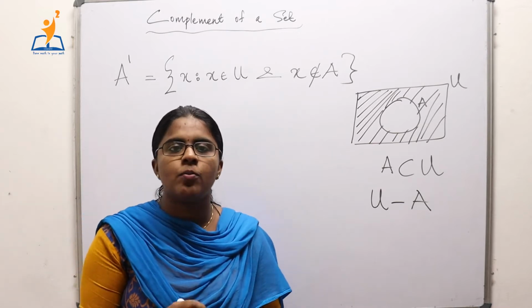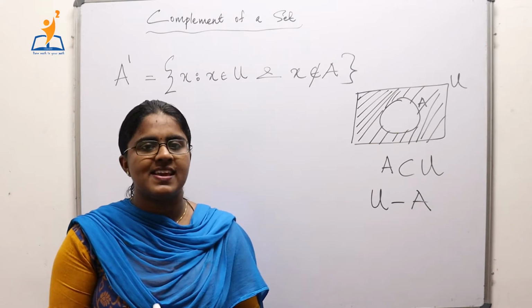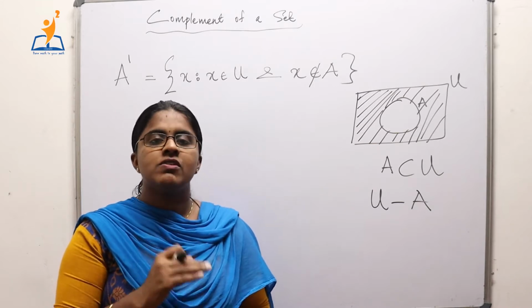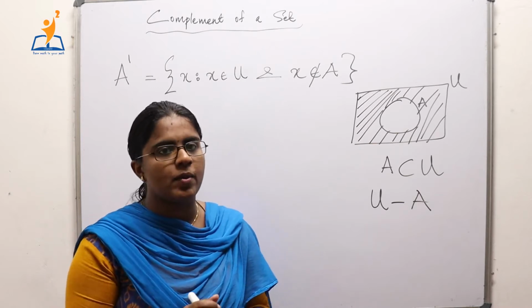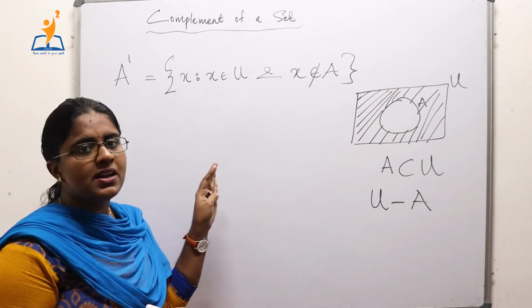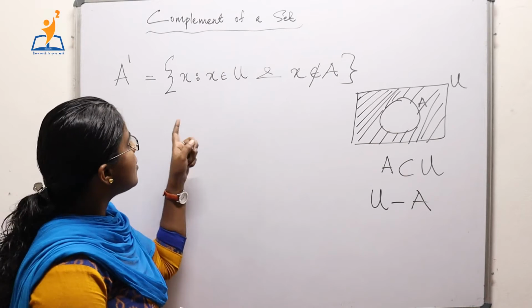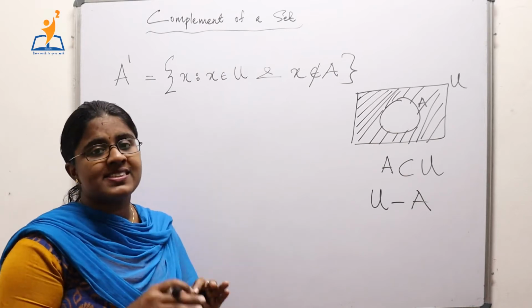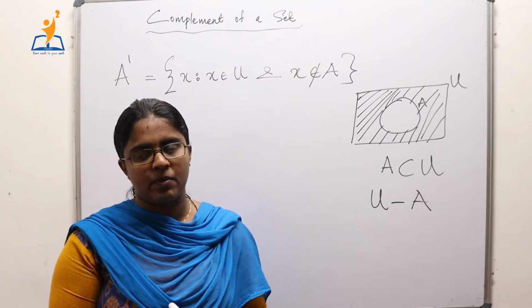The complement of a set A is the set of all elements of U which are not present in A. And in set builder form, it can be written as A complement equals the set of all x such that x belongs to U but x does not belong to A. That is what A complement is.